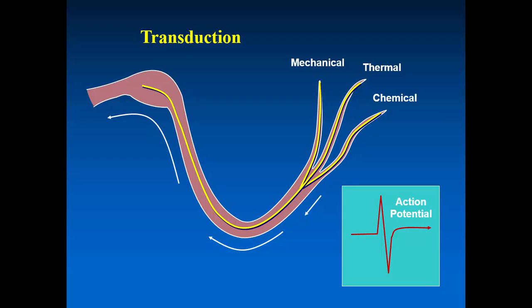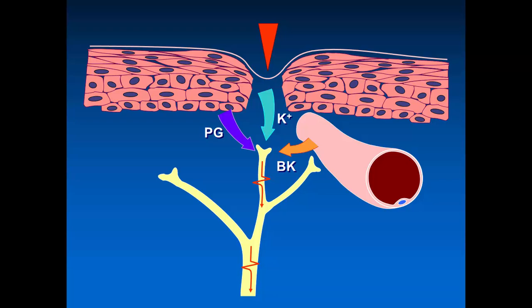The first step in this obviously is transduction, and mechanical, thermal, or chemical injury can cause the beginning of the process of pain transmission or pain. Remember that whenever there is any tissue injury, potassium is released.